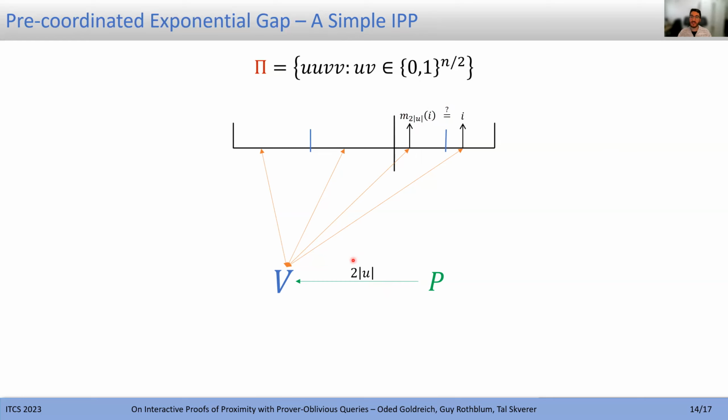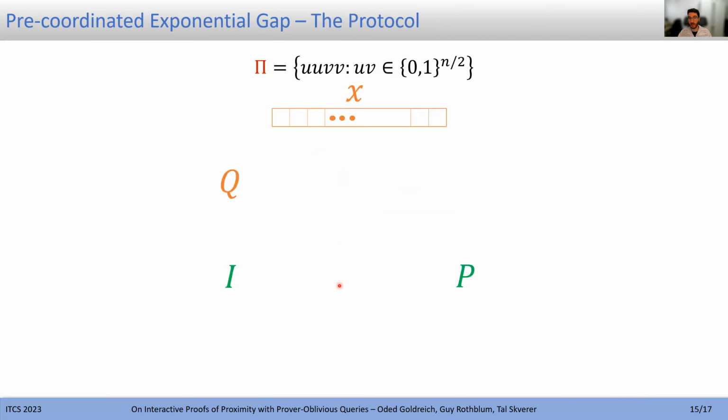So we'll need to take this idea of the prover telling us the cut and change it a little bit. Let me describe the pre-coordinated protocol for this property. Here we have Q, I, X query access to input X, and we can interact with the prover P. I will start by saying what the shared randomness in this pre-coordinated model is.